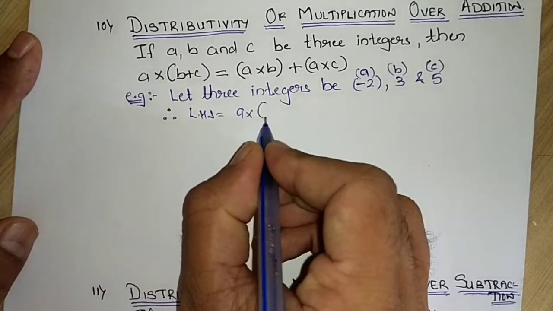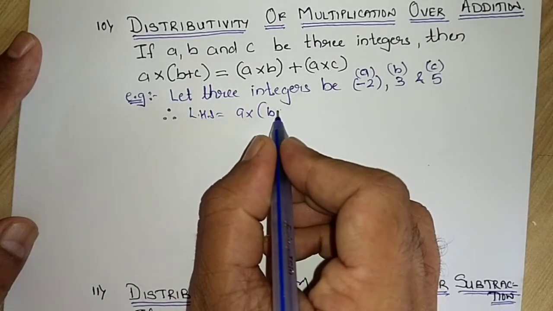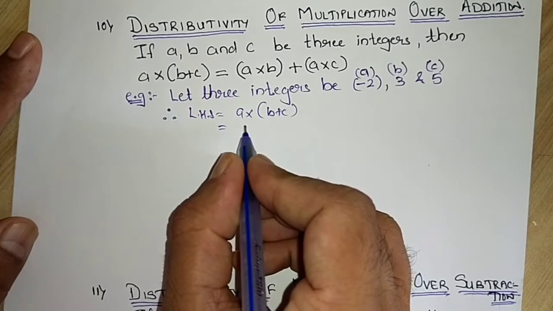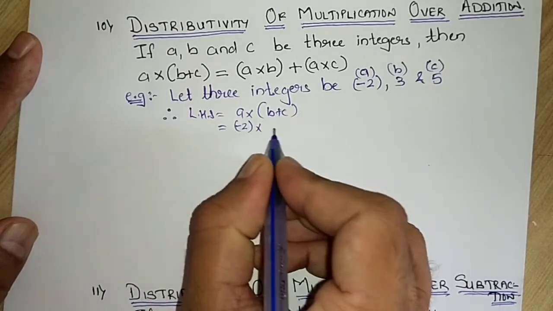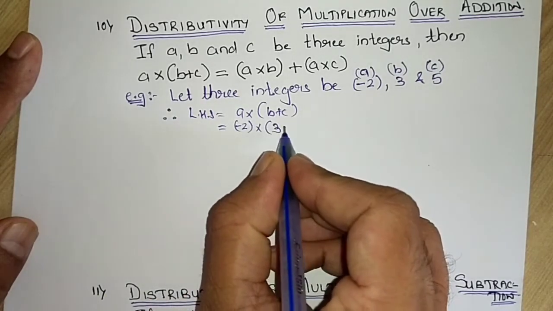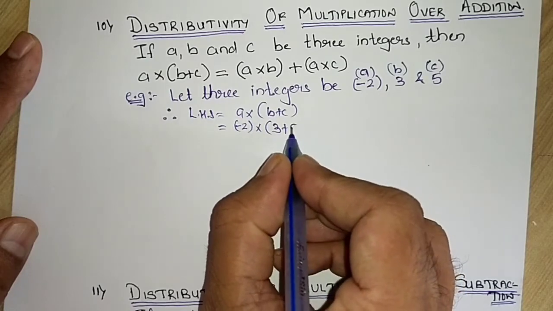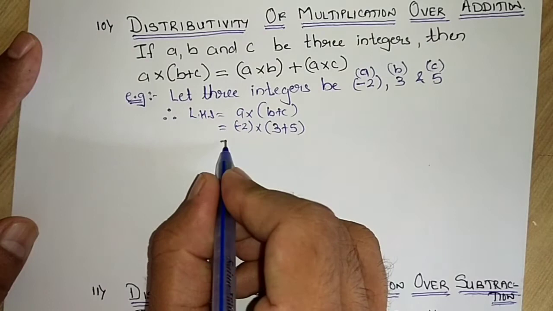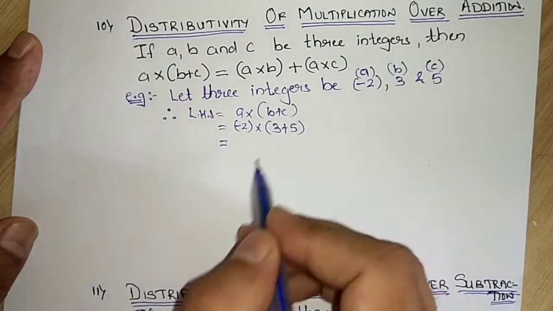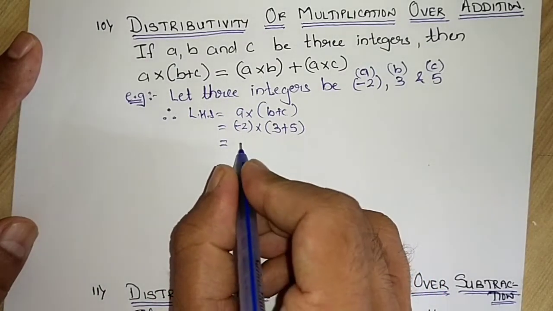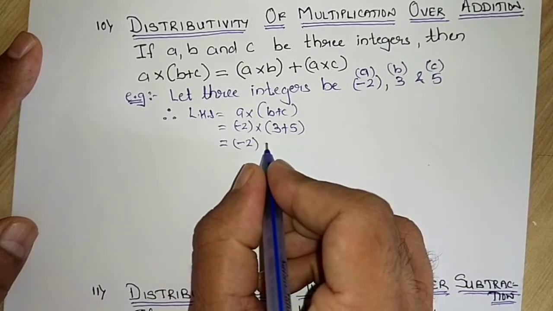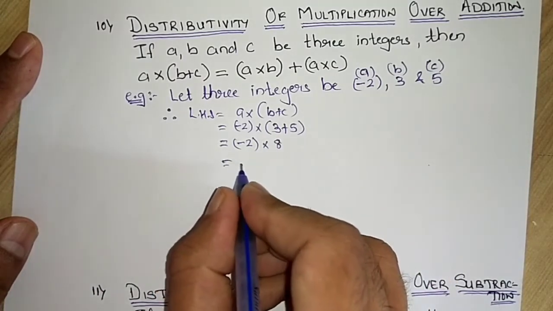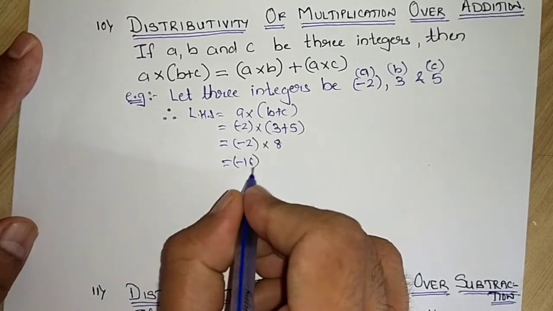A into bracket B plus C. A here is -2 into bracket B is 3 plus C is 5. 3 plus 5 is 8. Minus 2 into 3 plus 5, 8, is equal to minus 16.